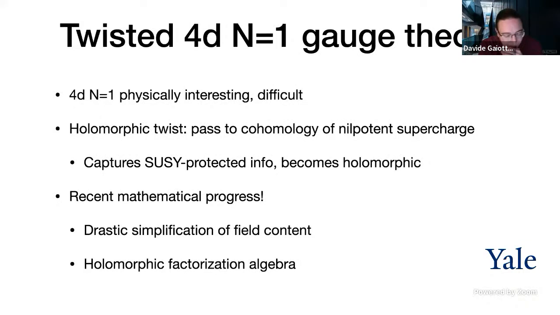But something remarkable to me has happened: recently mathematicians have started studying these theories in perturbation theory from a mathematical perspective, starting with the work of Costello and then several others. And in doing so, they realized that I think we had missed some stuff, meaning there are interesting, rich algebraic mathematical structures which are present in four-dimensional N=1 gauge theories, and I've simply not seen them studied in physics papers.